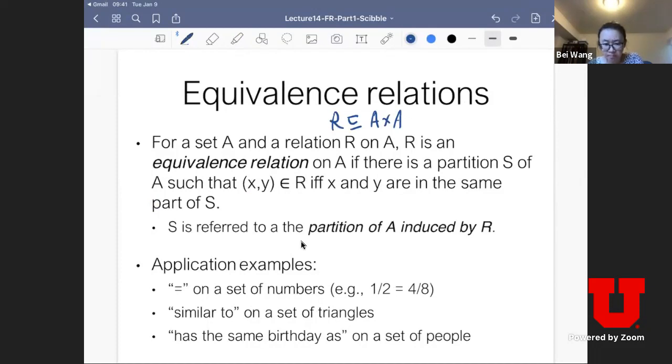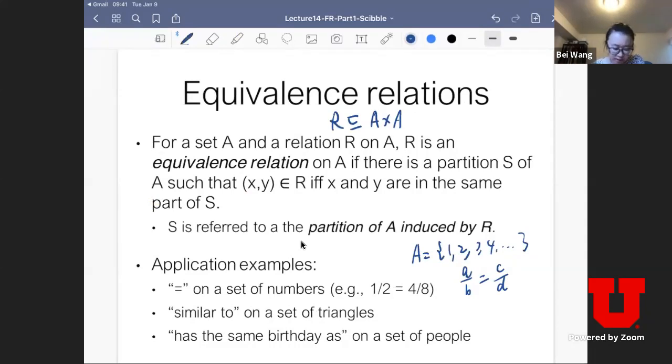Hypothetically, let's say my set is the set of numbers 1, 2, 3, 4, and so on, and I define the equivalence relation such that when A over B is equal to C over D, they are in the same set.